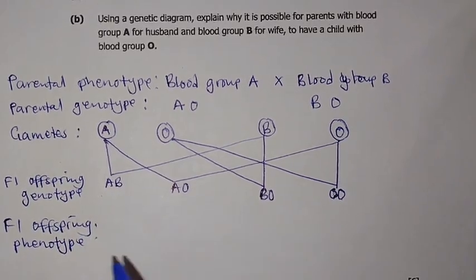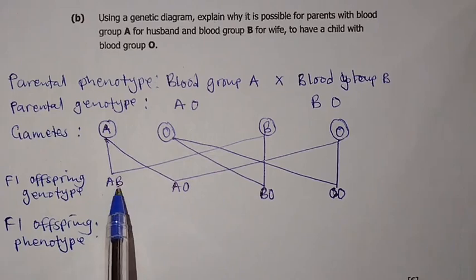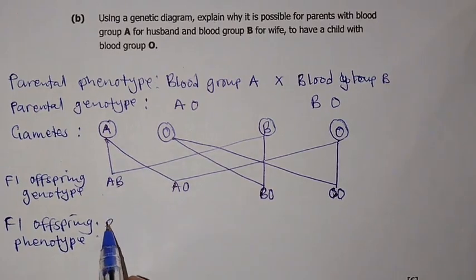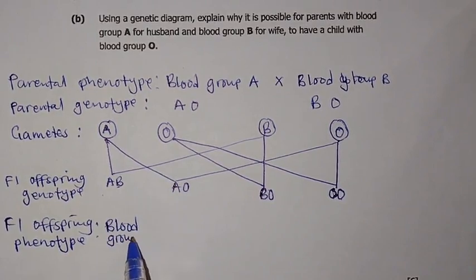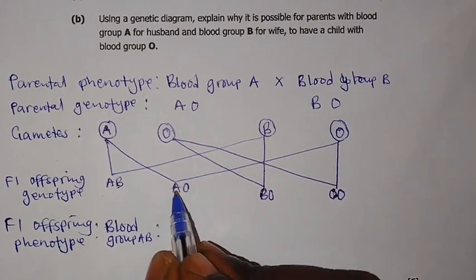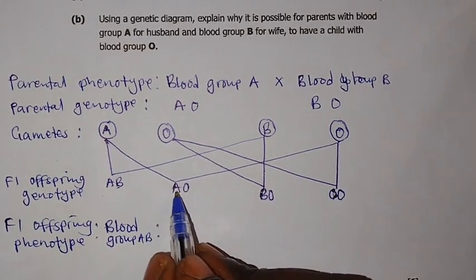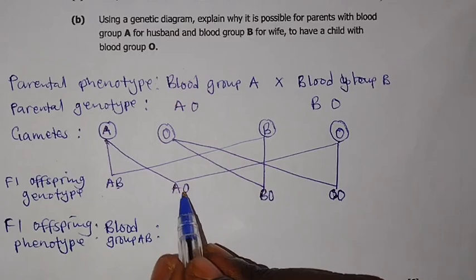Okay, so from here now we can look at this first offspring who's having blood group AB. So the phenotype here is just blood group AB. This second one, AO, remember I said A is dominant, O is recessive. So this child was blood group what?